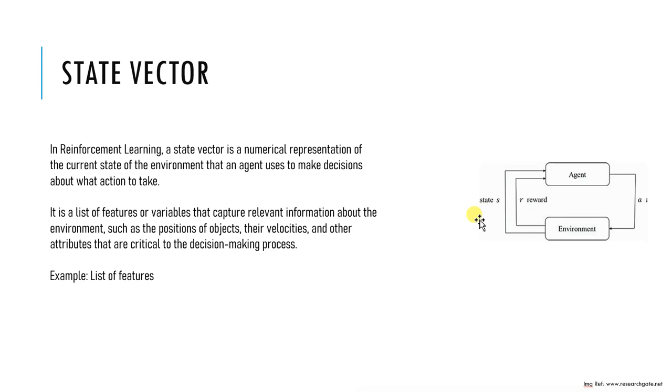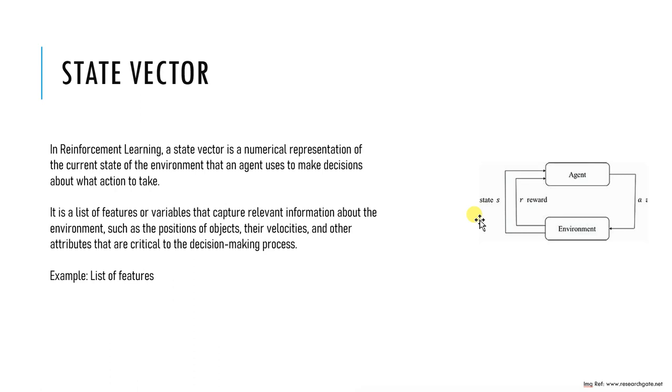So the state in this case would be the combination of three variables, and the agent could take decisions based on these relevant features: the number of moves made so far, which player's turn it is right now, and the position of all the pieces on the board. These types of features will be relevant for our agent to make any decision.